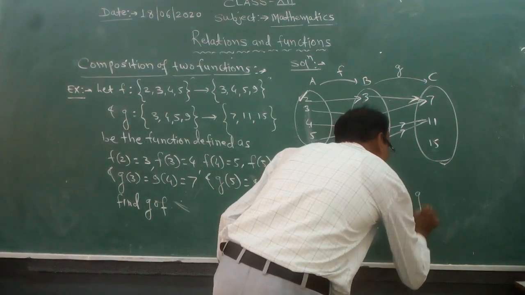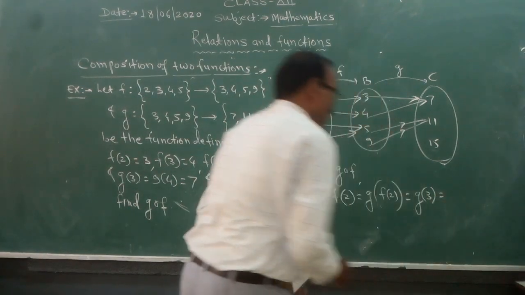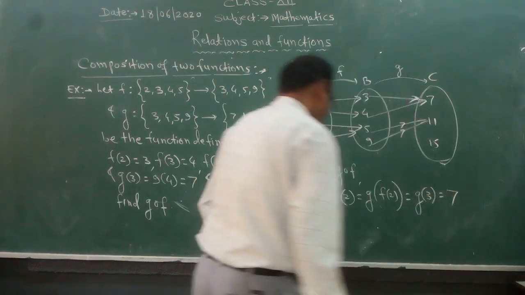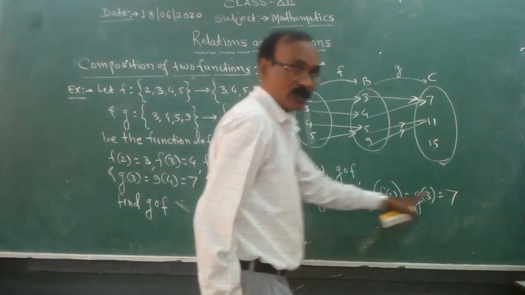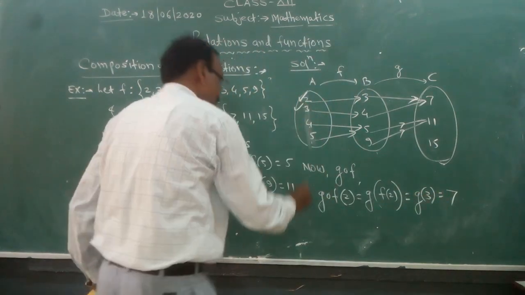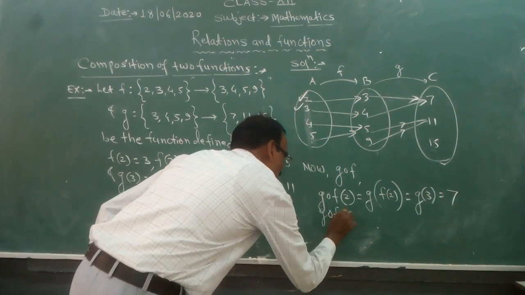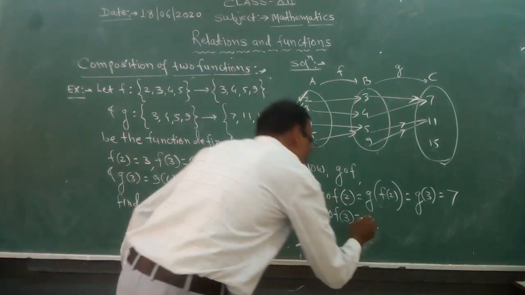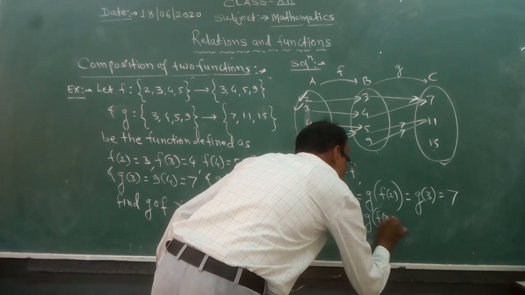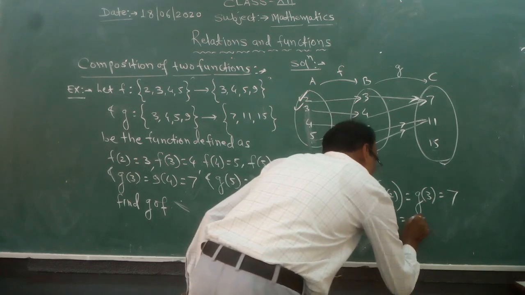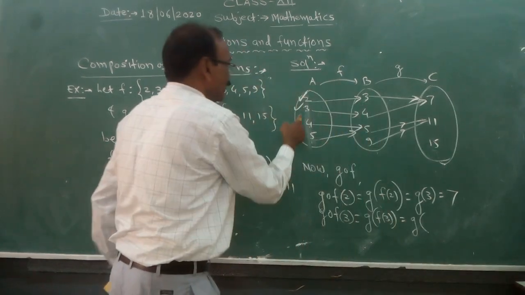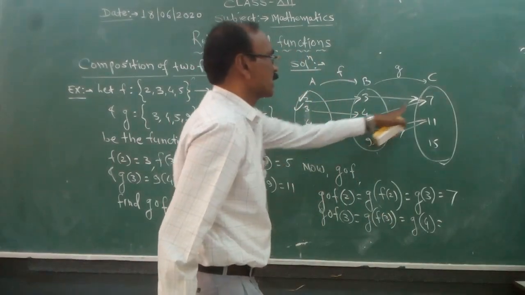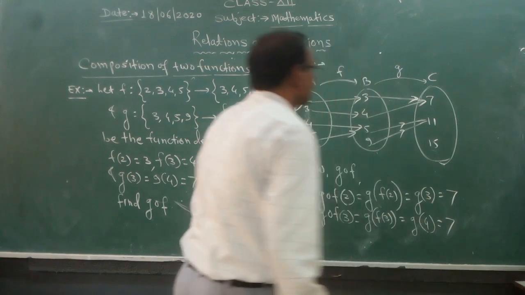So that is g of 3. What is g of 3? G of 3 is 7. Therefore g circle f of 2 is 7. Now take another element, g circle f of 3. That is g of f of 3. What is f of 3? It is 4. What is g of 4? 4 is related to 7. Again 7.